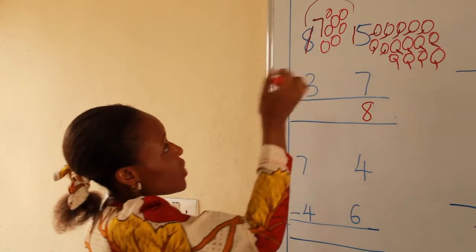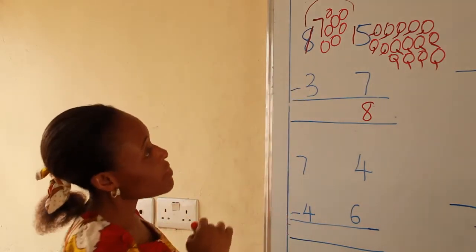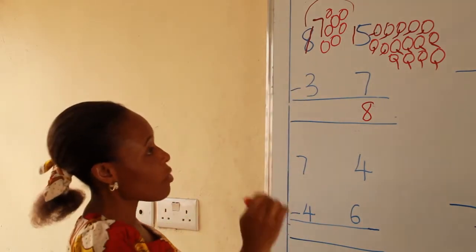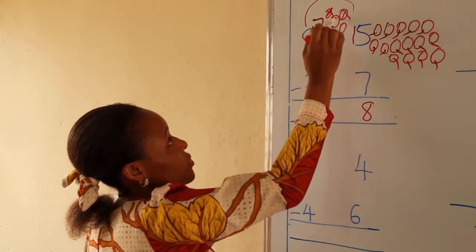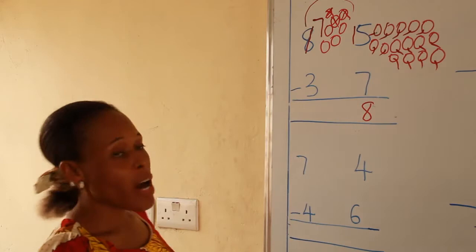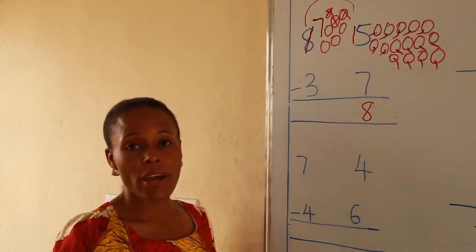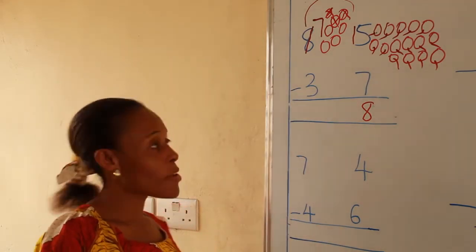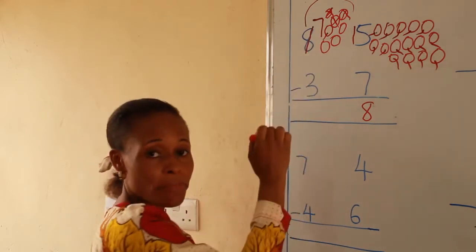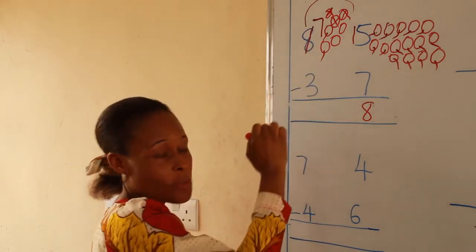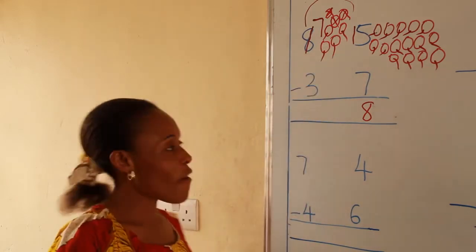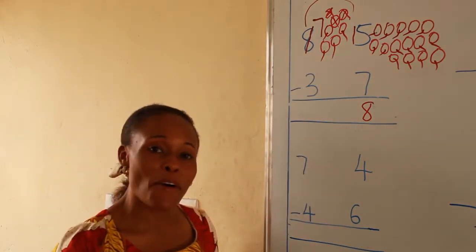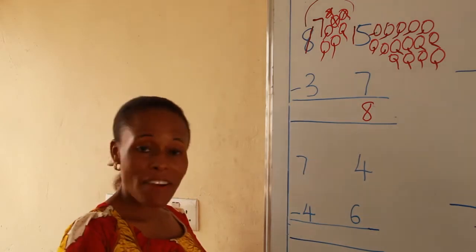You can count it this way or you can rule it out. This time around, we are going to cross them out. 1, 2, 3. So how many counters do we have left, children? Let's count and see. 1, 2, 3, and 4. So where should I write my number 4? Where should I write it?